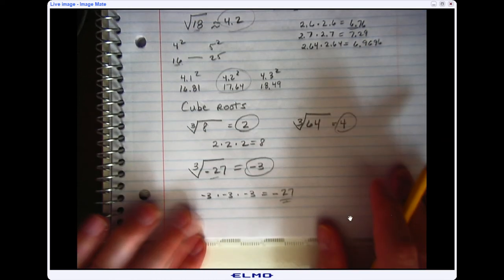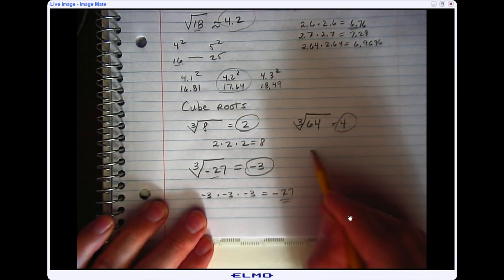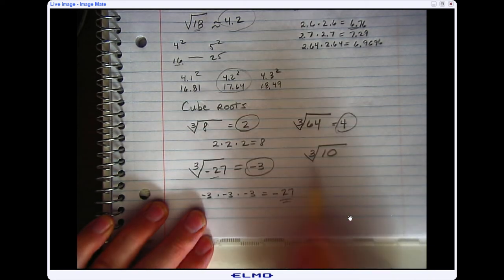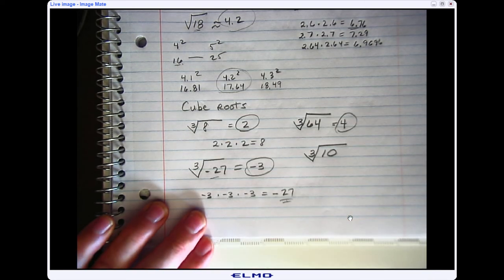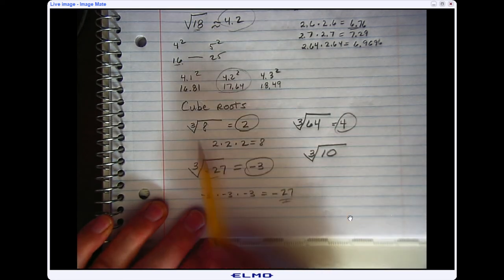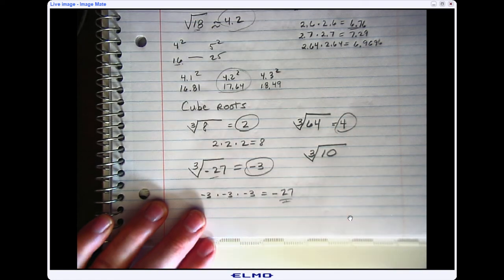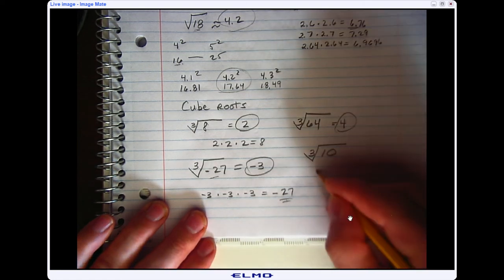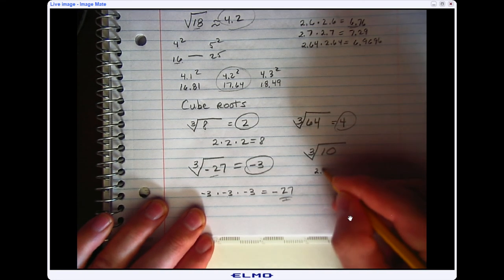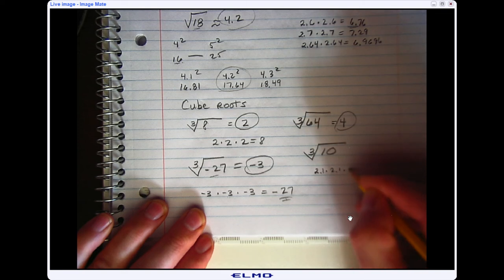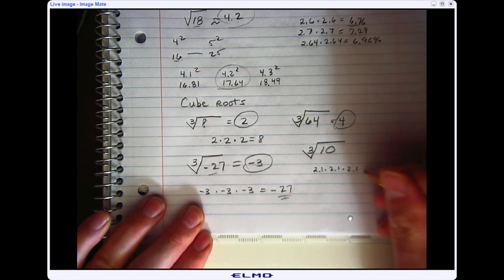My last example is what happens if you have a cube root, again, that's not a perfect cube. If I do the cube root of 10, now we just did the cube root of 8 is 2, so this is going to be close to 2, but probably a little bit more than 2, obviously. If I tried 2.1 times 2.1 times 2.1, I would get about 9.261.